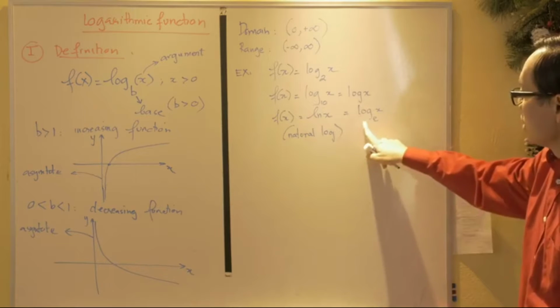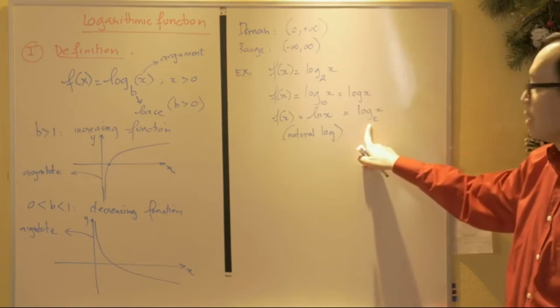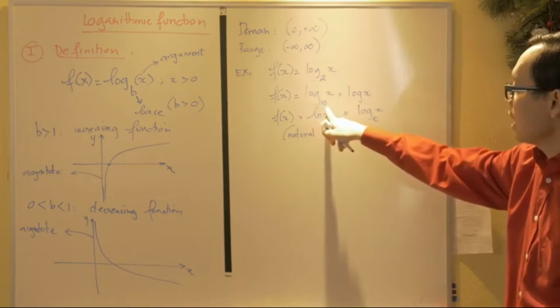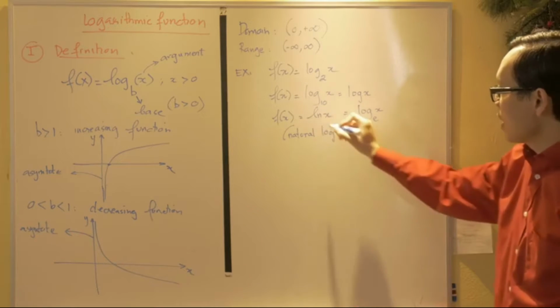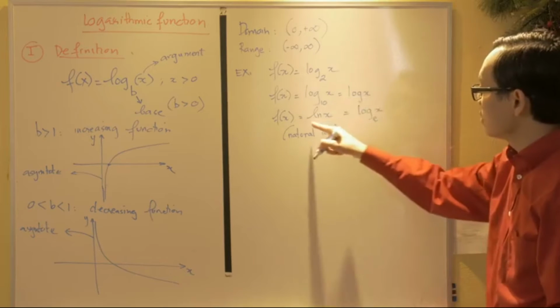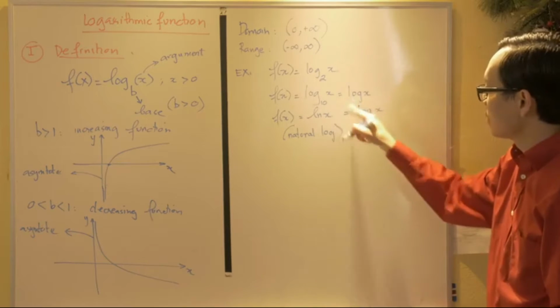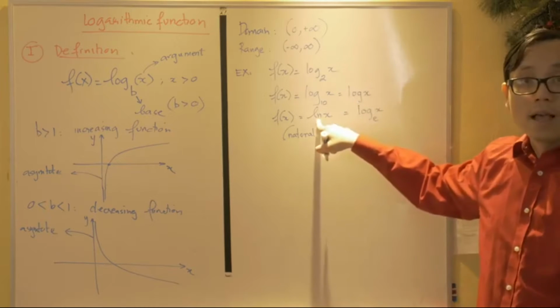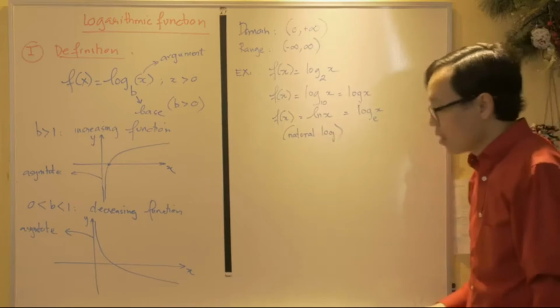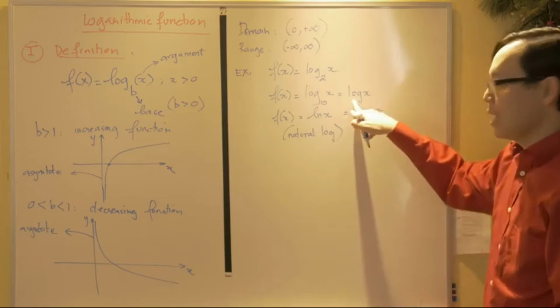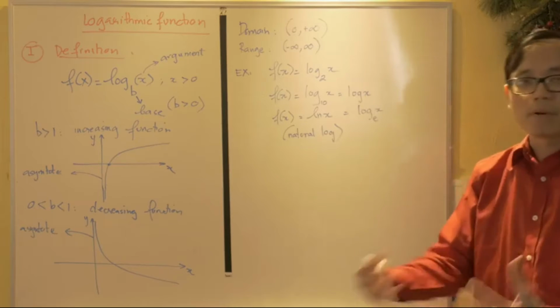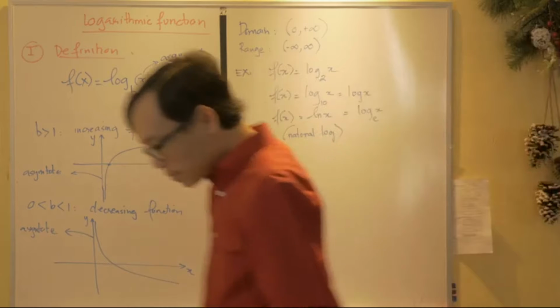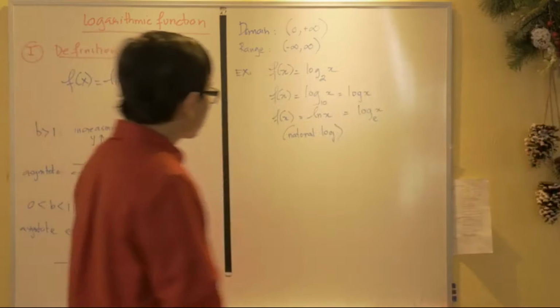But actually nobody writes it like log base e, and nobody writes log base 10 like that either. For base 10 they write log x, for base e they write ln x, and we call that natural log. However, for log base 10 we don't have a typical name.